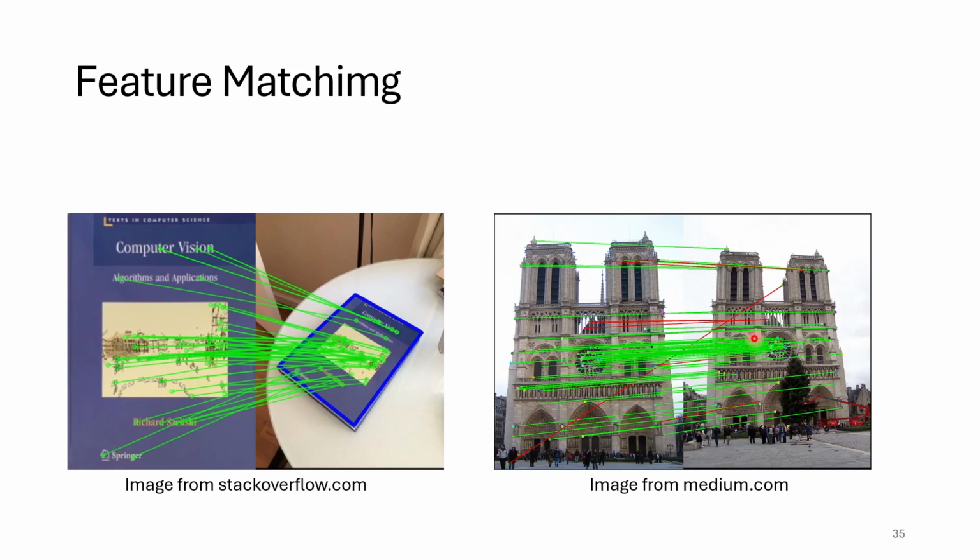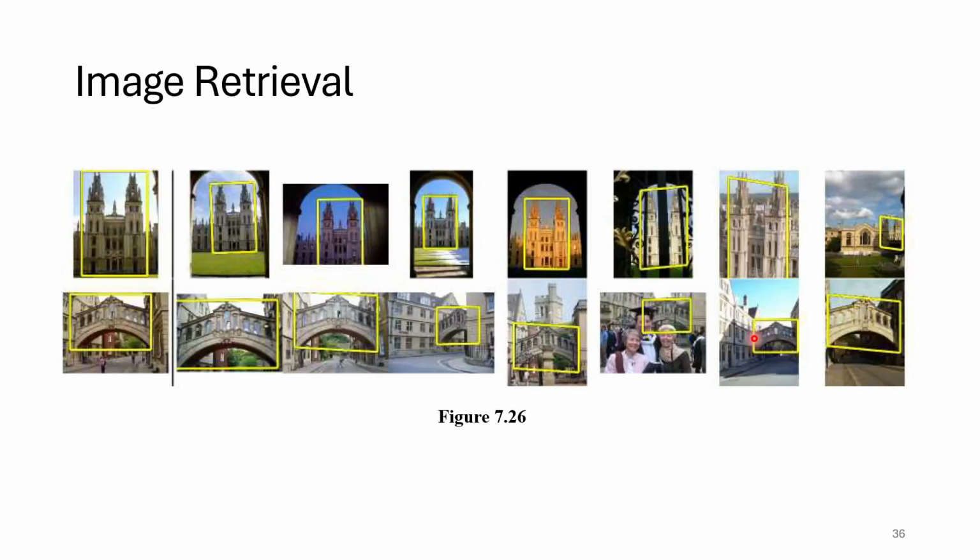And once they can apply the method to a large-scale data set, they can create something called image retrieval. Given an image, they can use the matching function to go through all the images in their data set and then retrieve the ones which satisfy certain criteria of these matching points.